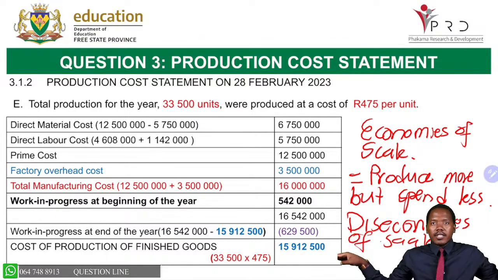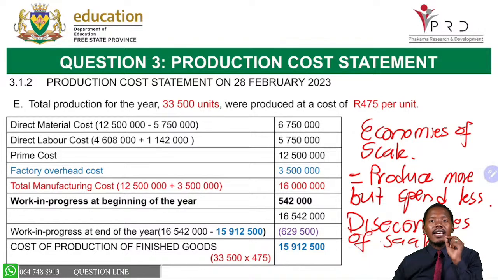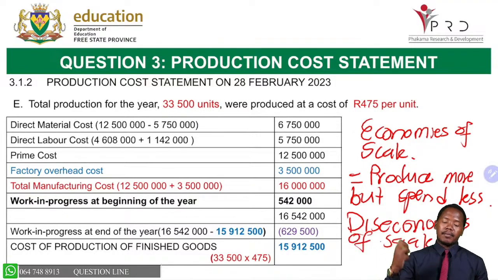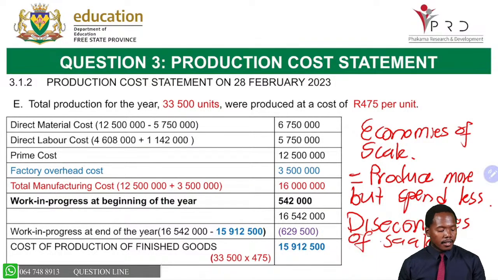Even though your fixed cost remains the same, your fixed cost per unit must go down. So every time you visit your administration and your factory overheads to check economies of scale, they must go down, meaning factory overheads per unit and administration cost per unit must decrease for you to see that there is economies of scale, and the production must go up.